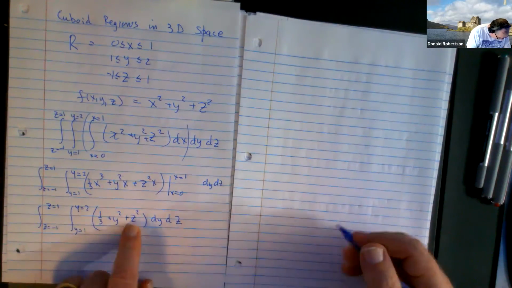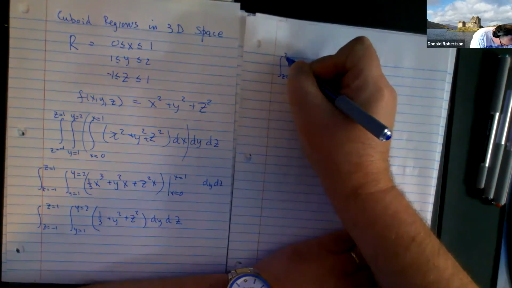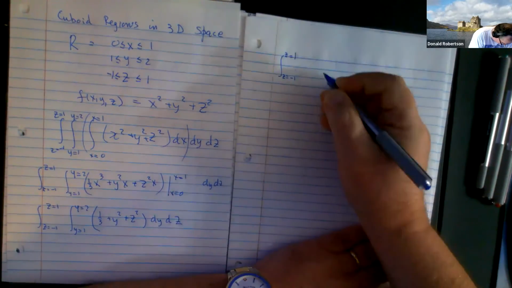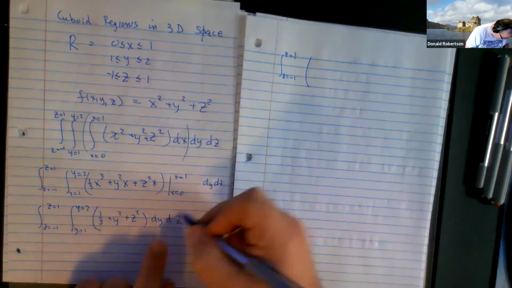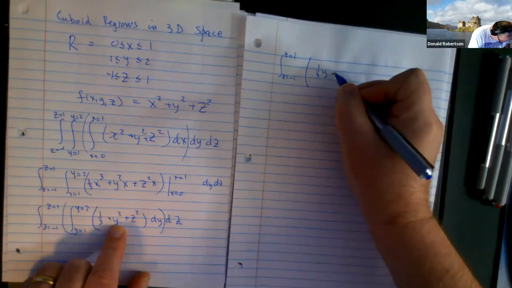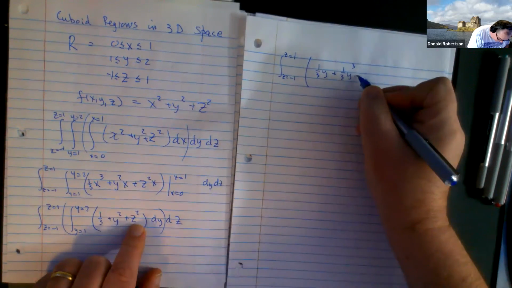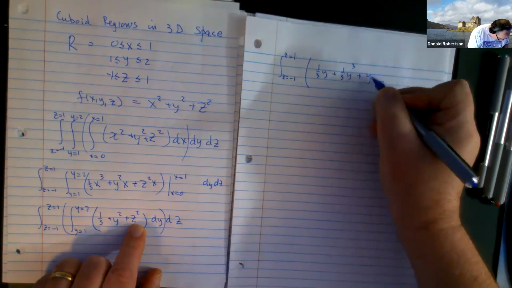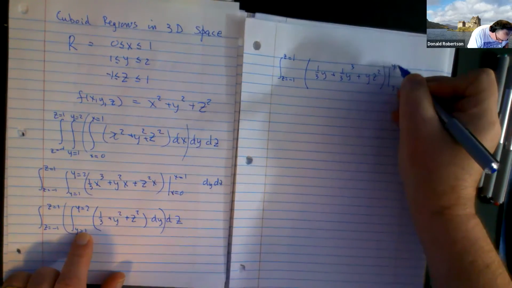So I'm going to do this fella next. It's going to be the integral from z equals -1 to z equals 1. If you integrate this with respect to y, I get 1/3 y plus 1/3 y cubed plus y times z squared, evaluated at y equals 1 to y equals 2.